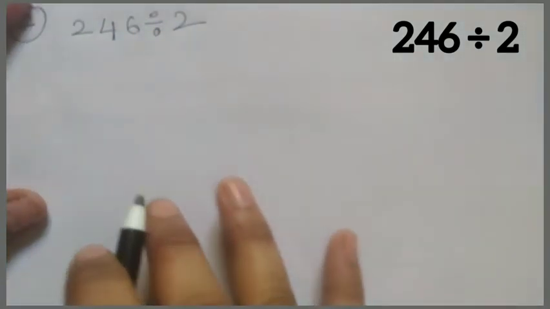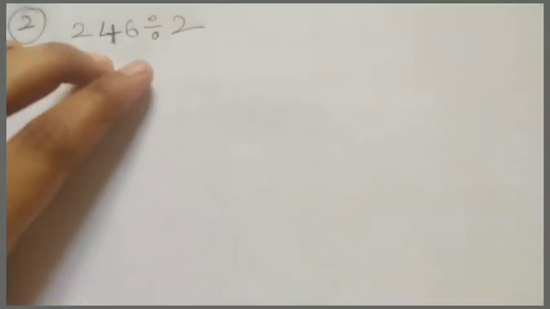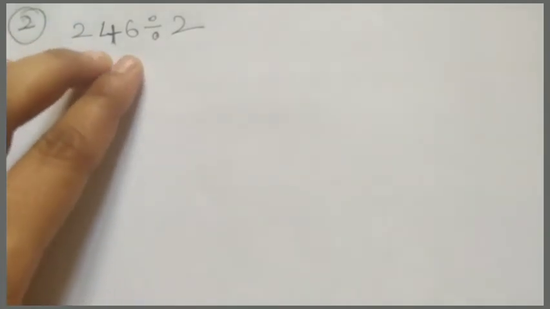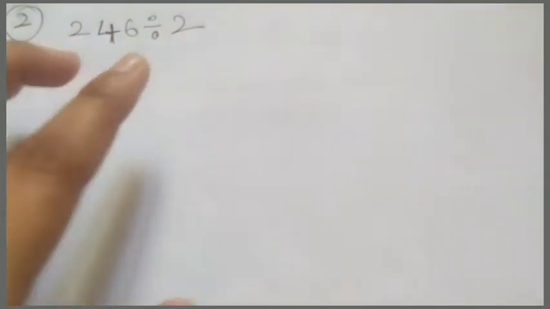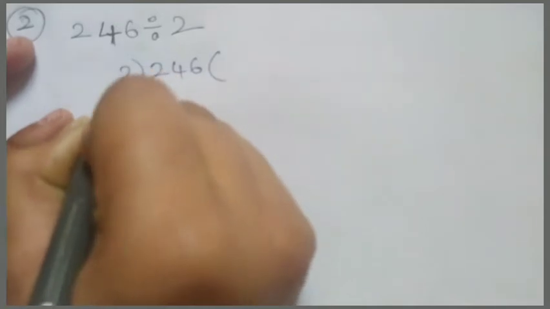Here 246 is the dividend and 2 is the divisor. So we'll write like this: 246 in the middle and 2 here.